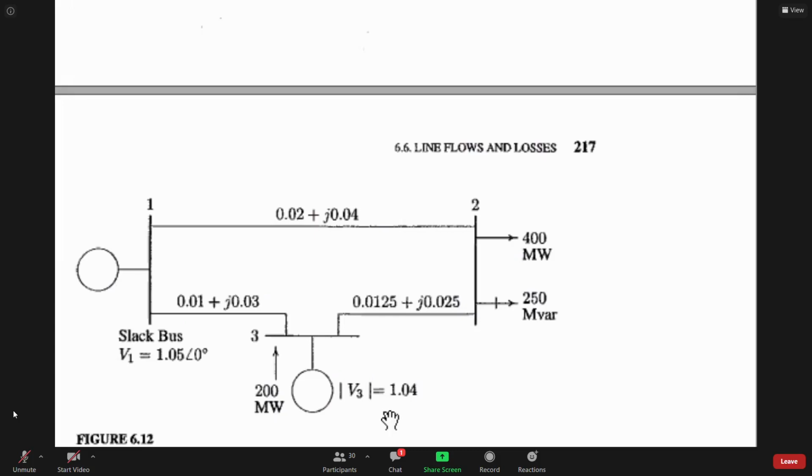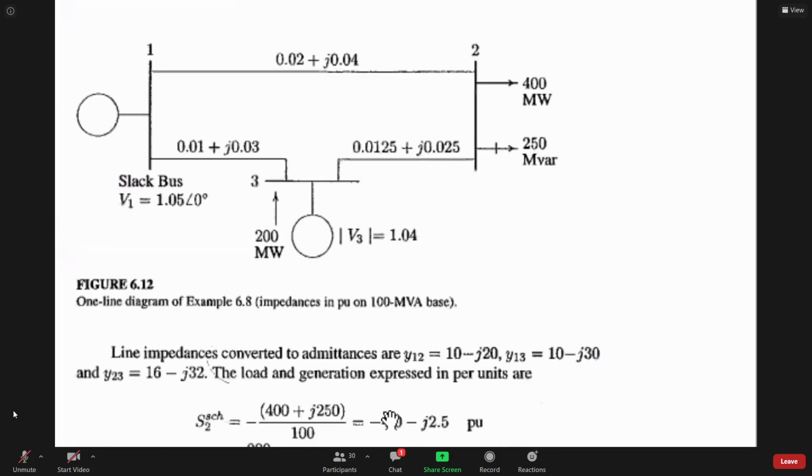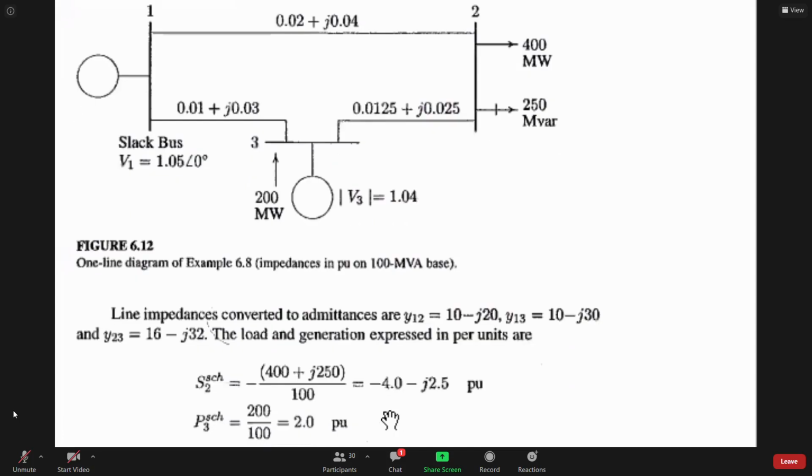So now, based on the earlier concept, the power is there and the information is in impedance, so you can find the admittance by inversing. Then the real and reactive part is there. From that we can find it. As it is the load bus information, that's why it is negative.